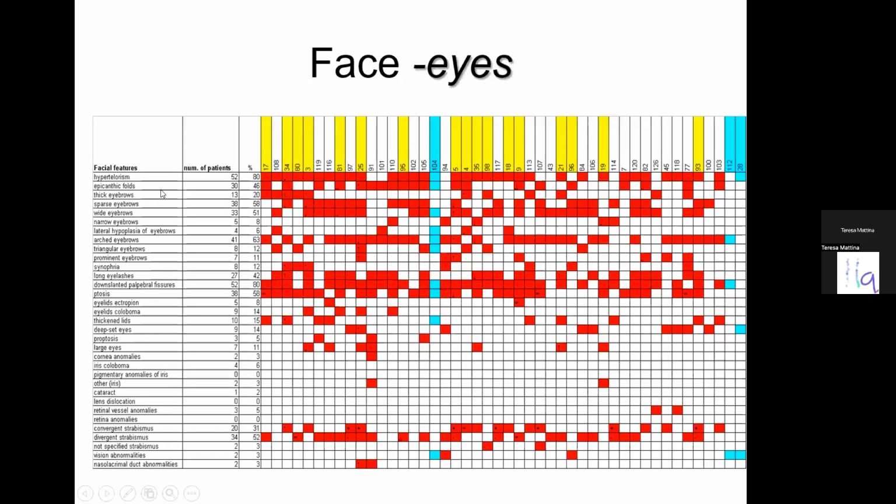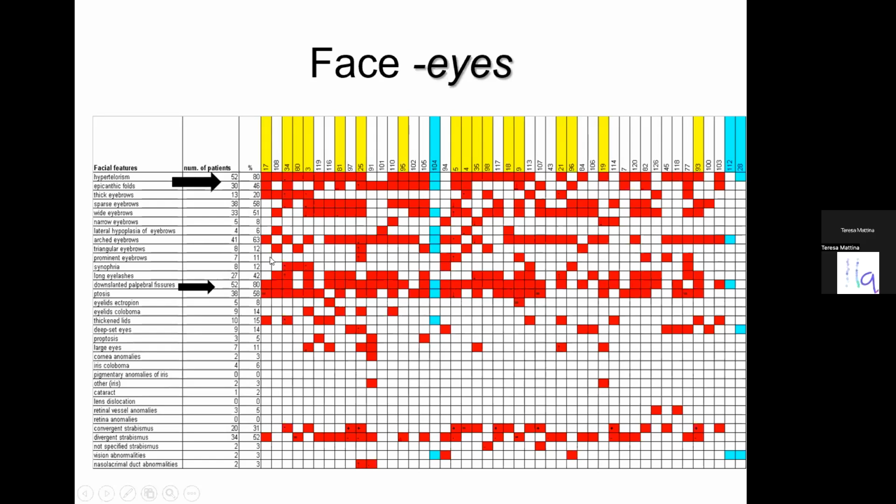In this table, I have the whole list of eye abnormalities, and you can see that wherever patients have something, I have a red spot. So in this area there is nothing wrong: cataract, lens dislocation, retina anomaly, very few. But almost all children have ptosis, downslanting palpebral fissures, hypertelorism, epicanthic folds.